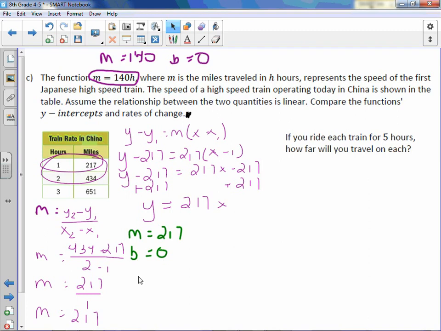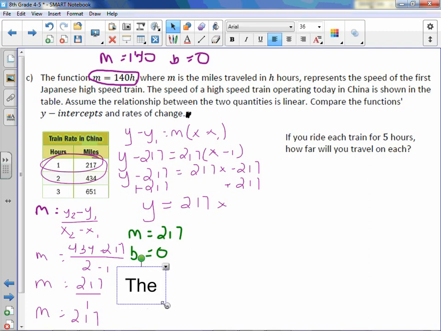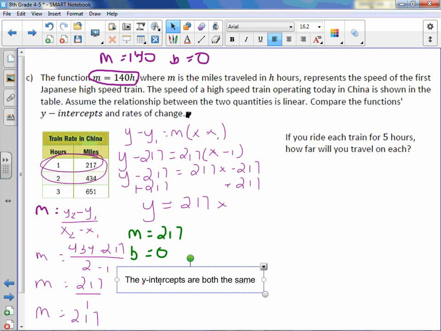So now let's compare. Let's make this a little smaller. So we can say the y-intercepts are both the same because after 0 hours, 0 miles have been traveled.